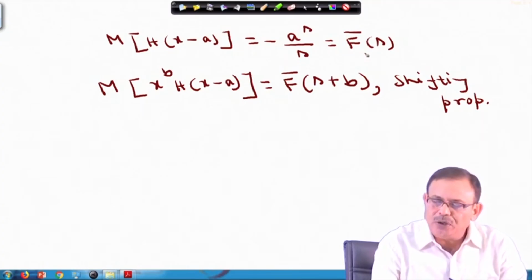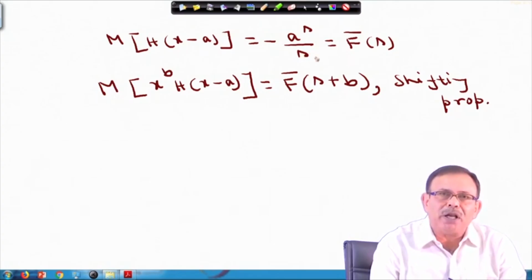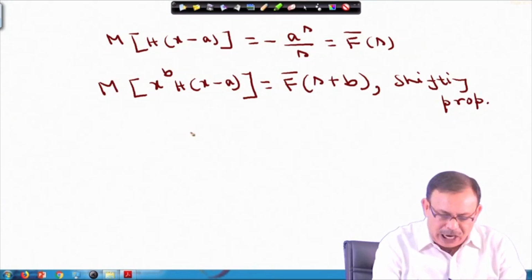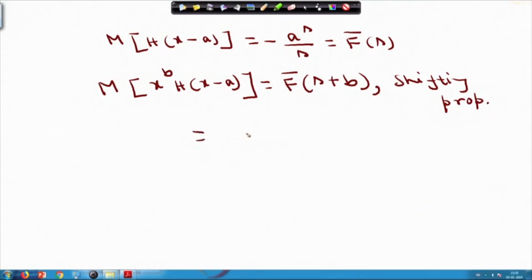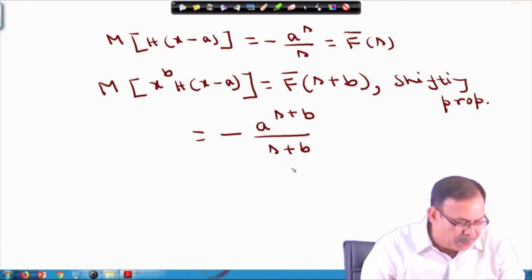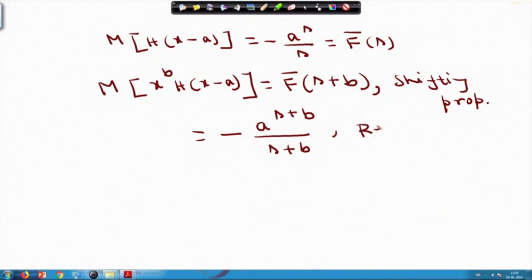So, I know that f bar s is minus a to the power s divided by s, and therefore I can write minus a to the power s plus b by s plus b. So, s is replaced by s plus b, and please note that the real part of s plus b should be less than 0.